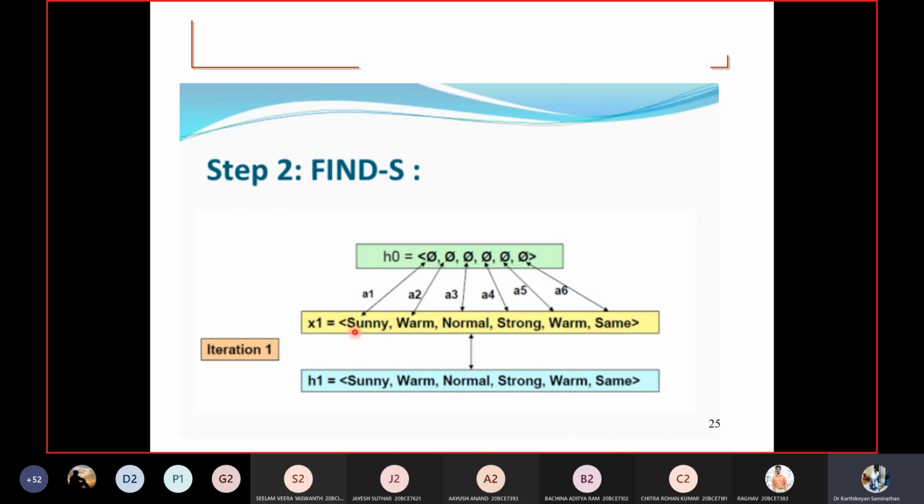I am comparing with my initial hypothesis. So in the first step I am taking my hypothesis the same as instance 1. H1 is nothing but my original instance: sunny, warm, normal, strong, warm, and same. In iteration 1, my instance and hypothesis are going to be the same.